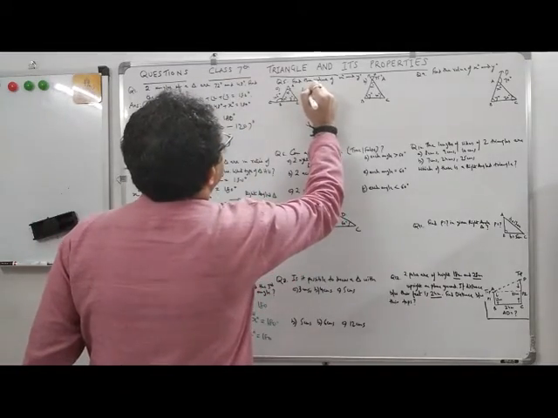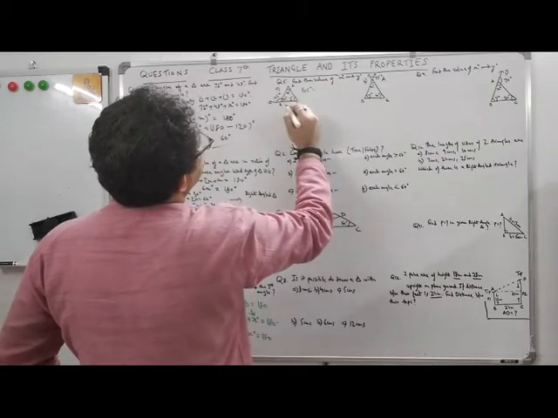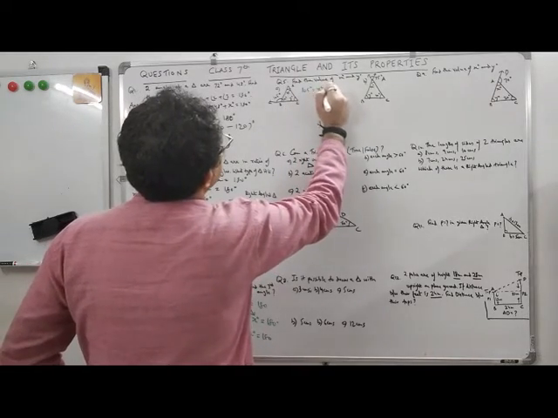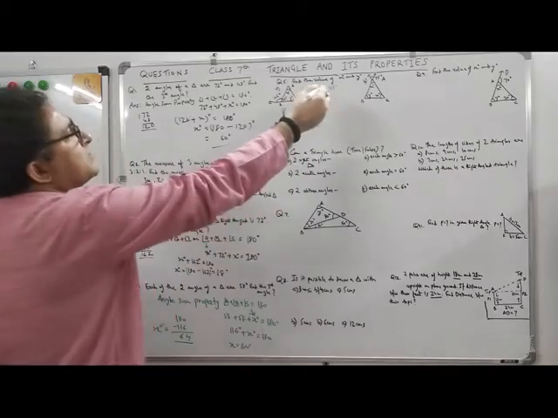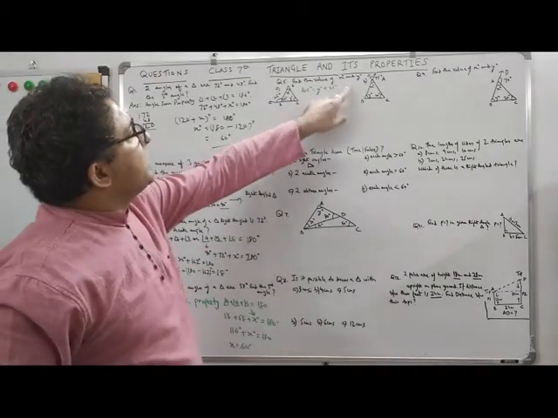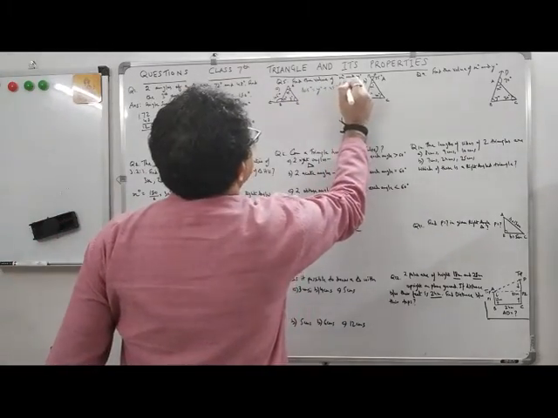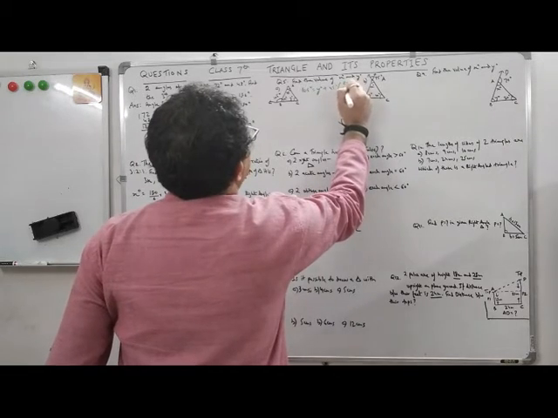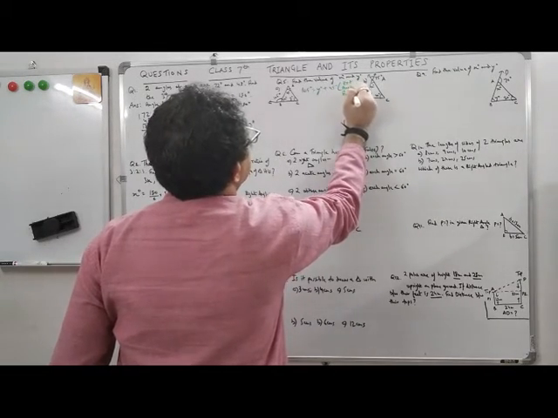So 105 degree is equal to the sum of the interior opposite angles, y degree plus 45 degrees. You can write this over here, and you can even write in brackets exterior angle property.